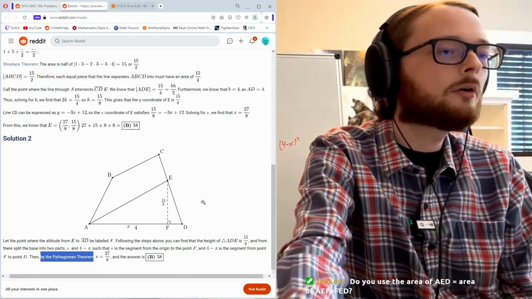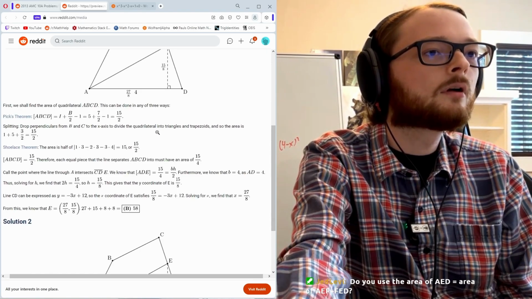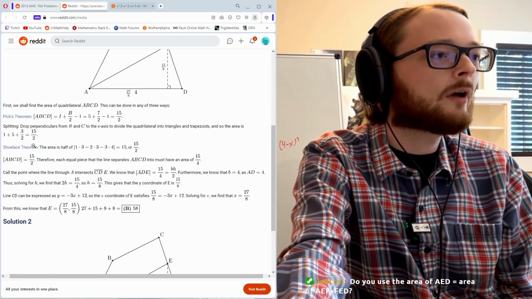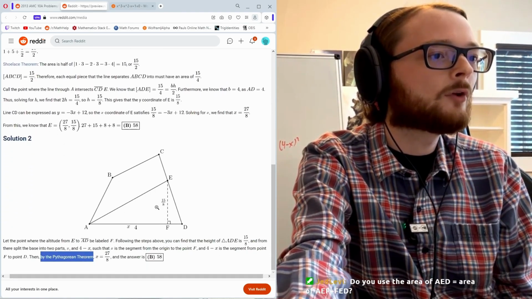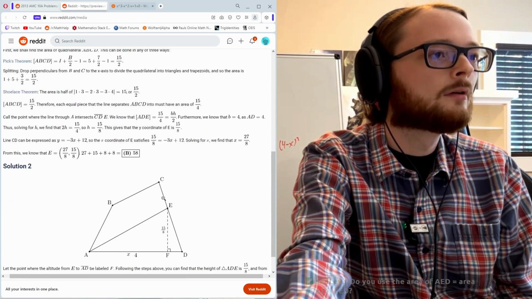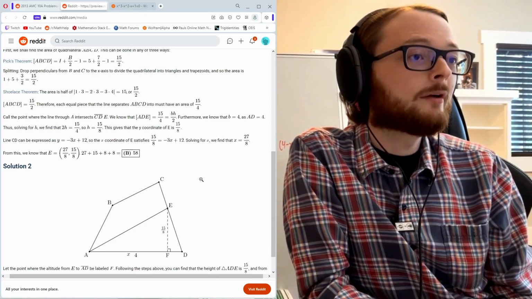You could. The area of the entire thing is 15 over 2, so the area of just the lower triangle is 15 over 4. So we do know the total area.